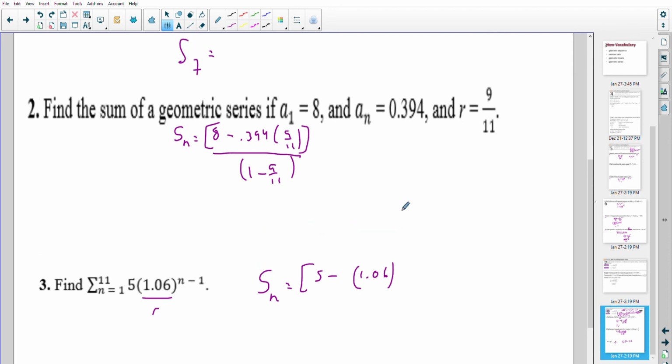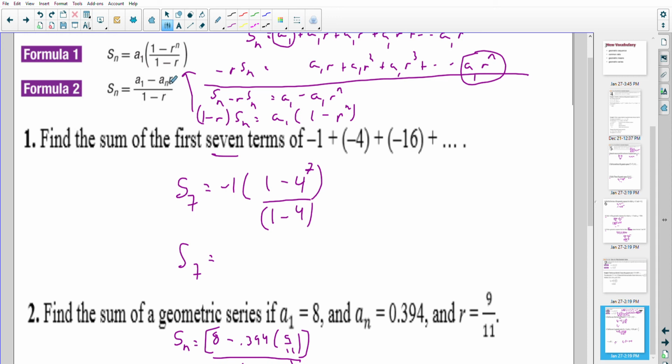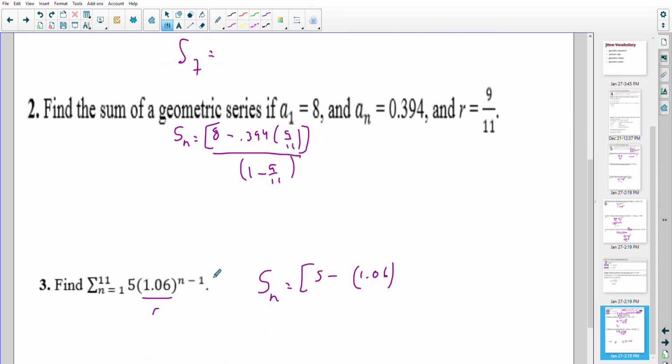And then again, I'm looking back up here, and it says common ratio times the nth term. So the nth term is where you put 11 in here. So that's going to be a little bit more confusing. So it's 5 times 1.06 to the, if I put n is 11, so that's to the 10th power.